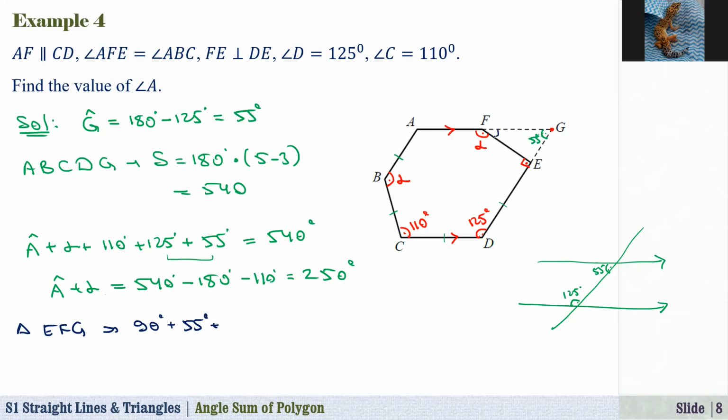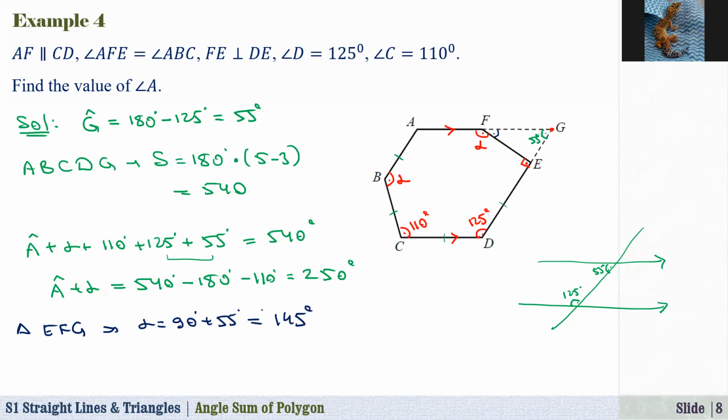Actually, alpha is just an exterior angle, so I don't have to do it that way. Alpha is an exterior angle of angle E and angle G. So alpha is equal to 90 plus 55, that's equal to 145 degrees.